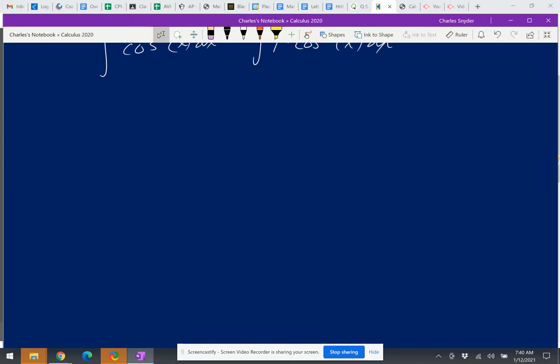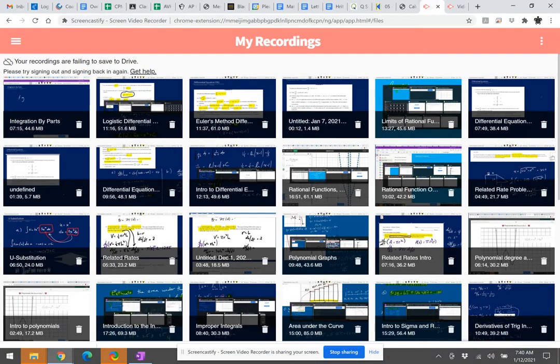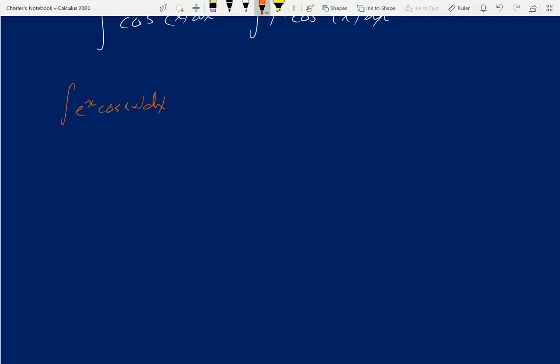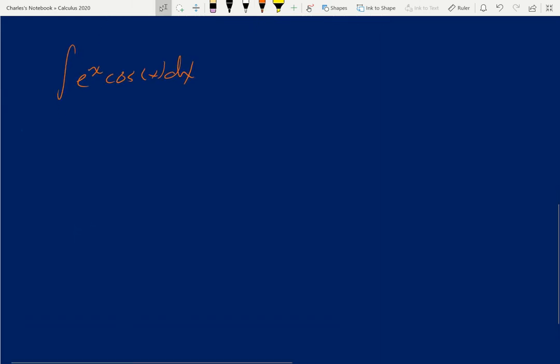So let's say I have an example like the integral of e to the x cosine of x dx. And let's say I make u equal to e to the x, and I make dv equal to cosine of x dx.